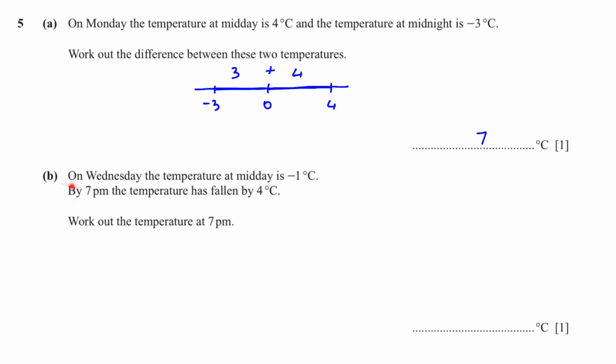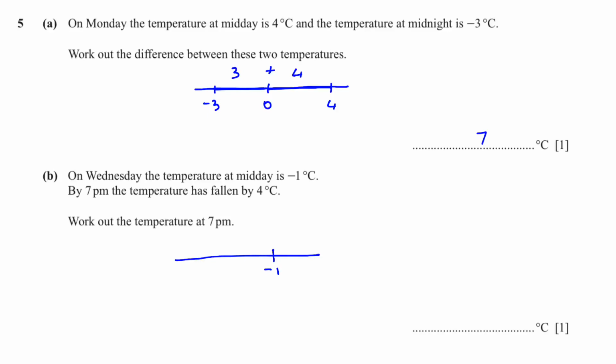Part B. On Wednesday, the temperature at midday is negative 1 degree centigrade. By 7 p.m., the temperature has fallen by 4 degrees centigrade. Work out the temperature at 7 p.m. We'll still use the number line. So this is negative 1 and it fell by 4 degrees.